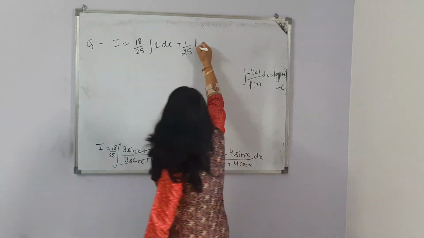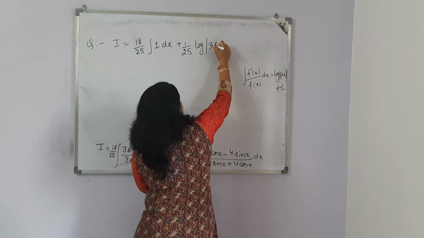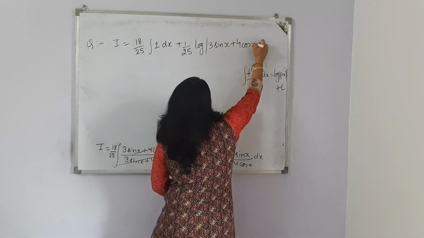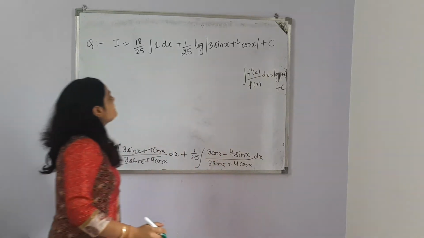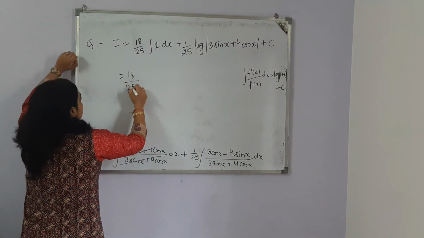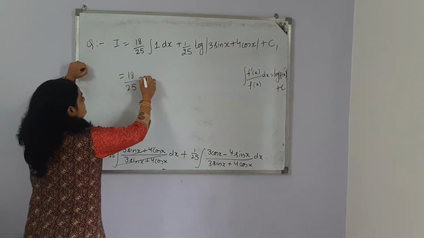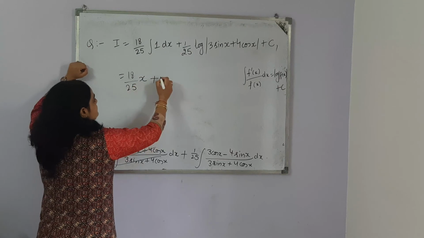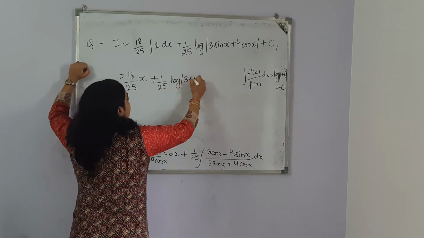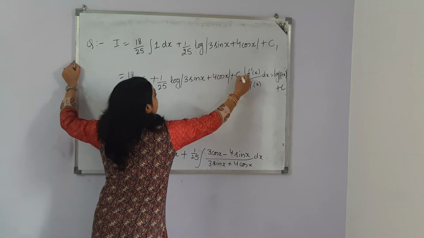Here f(x) is 3 sin x plus 4 cos x. The integral of 1 is x, so the answer is 18 by 25 x plus c1 plus 1 by 25 log of (3 sin x plus 4 cos x) plus c.